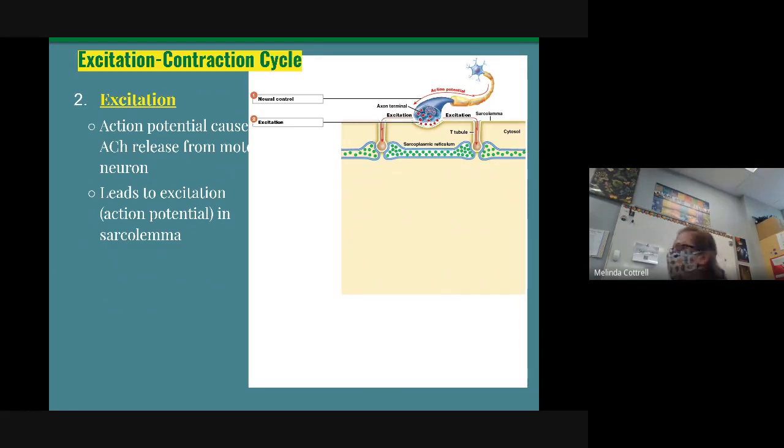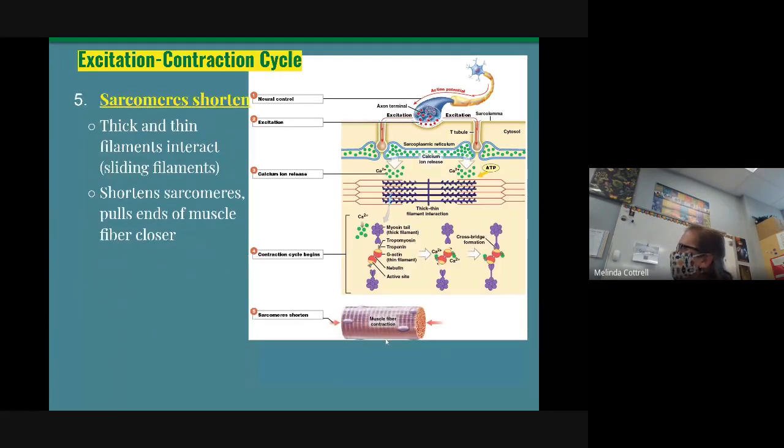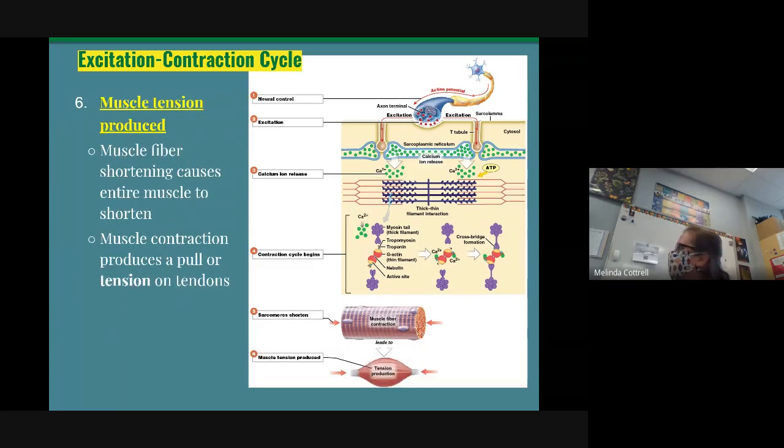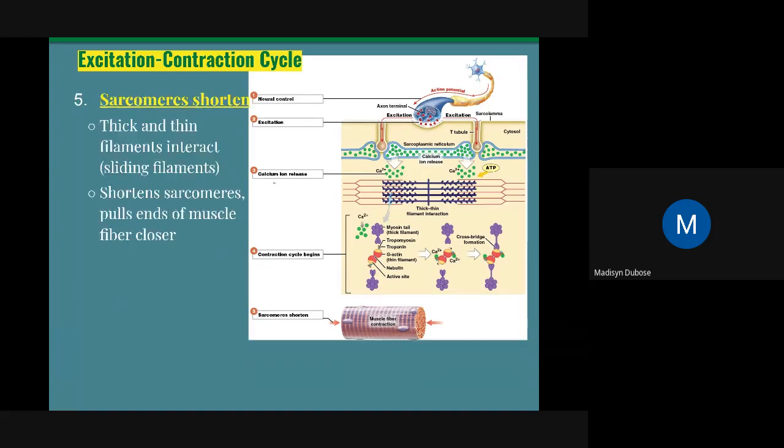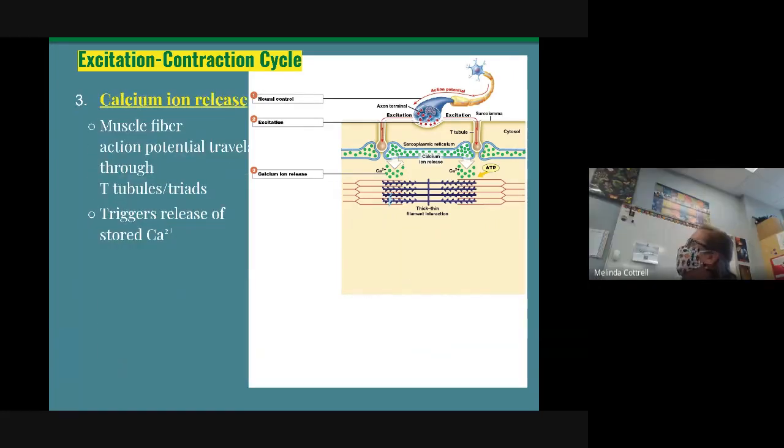All right, anything else from this picture as a whole that we should look at again? The calcium ion release. Right. So the action potential travels to the sarcolemma of the muscle fiber, which is the muscle cell.